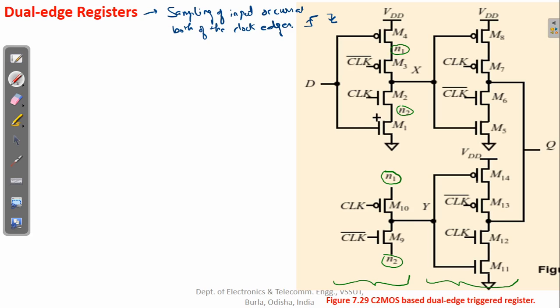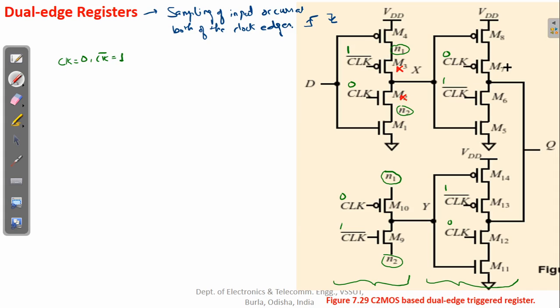Okay, now let's see the operation of this. So let's say when clock is 0, that will make clock bar 1. So under this condition, okay, this is 0, clock bar 1, clock 0, clock bar 1, 0, 1, 0, 1. So that will make this M3, okay, let me change the color, M3 would be off and M2 would be off.